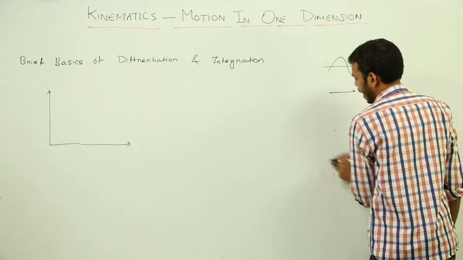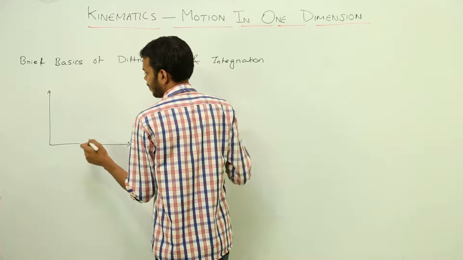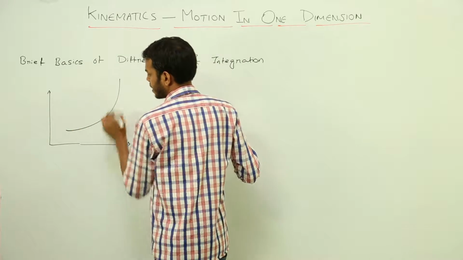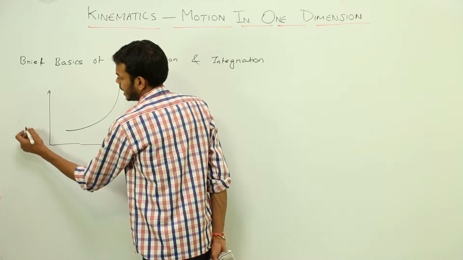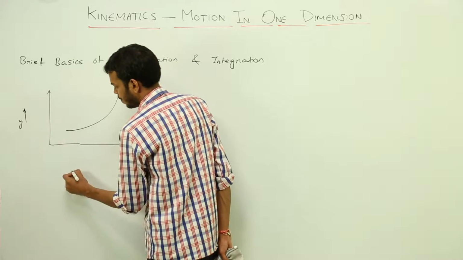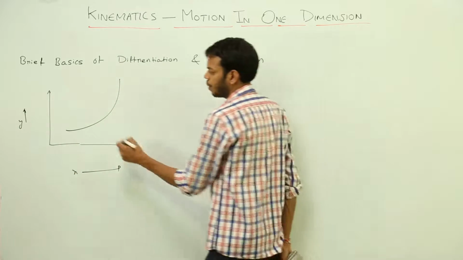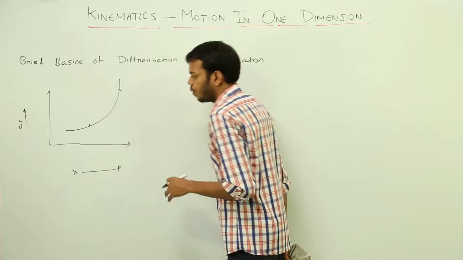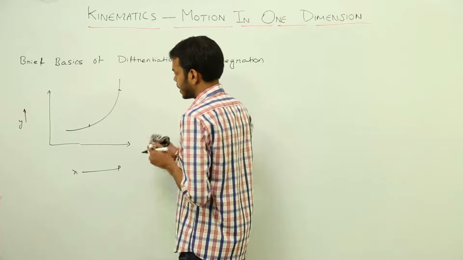Now, once graphs are plotted, suppose I plot a graph of a curve like this. I want to find the change from this coordinate to this coordinate. What I mean by change is, I am trying to find the slope of this line.